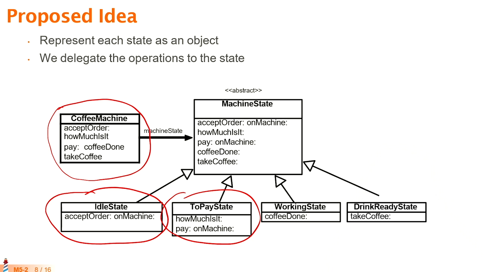It's important to see that, in this case, we have selected to have a common superclass for the states, but this is not needed. What we need is that they have the same interface or understand the same messages.